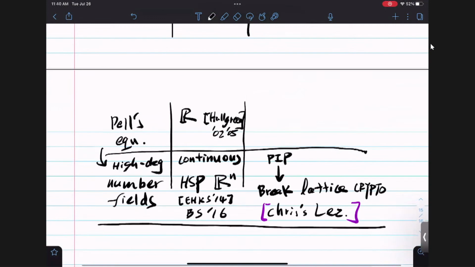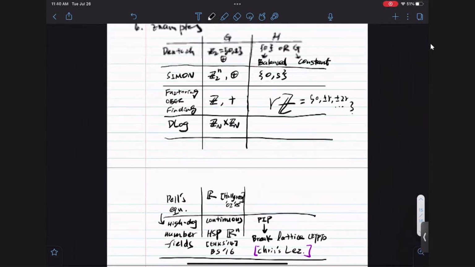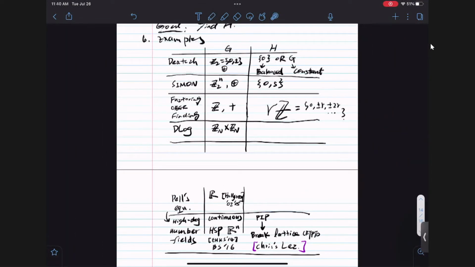All right. Now, given all these examples, one thing you might have noticed is that all the groups I have here, they're abelian. Right? Everything I've shown here, they're abelian groups. And there's no reason for us to restrict ourselves to abelian groups.